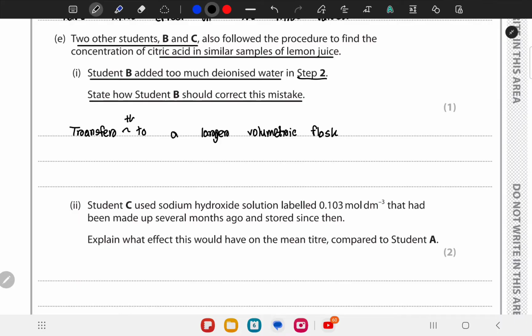Transfer the lemon juice. And then we have to make up to volume in the larger flask.